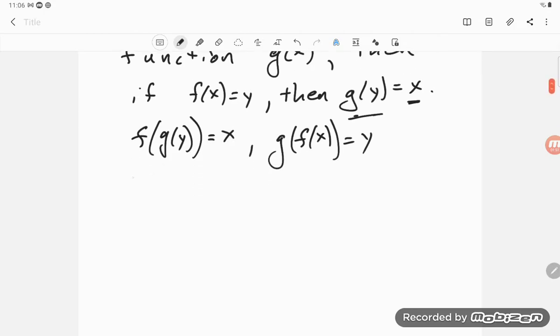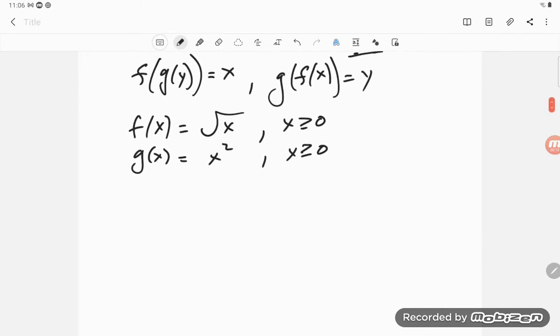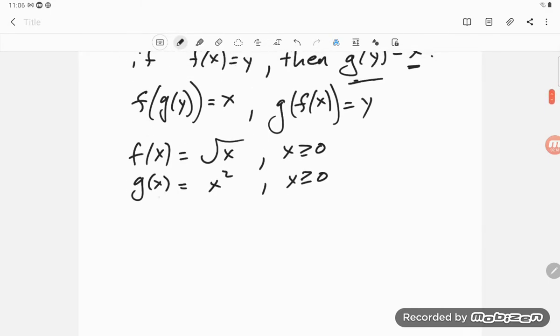So for instance, if f of x is equal to the square root of x, where x is greater than or equal to 0, and g of x is equal to x squared, where x is greater than or equal to 0, then these are inverse functions.